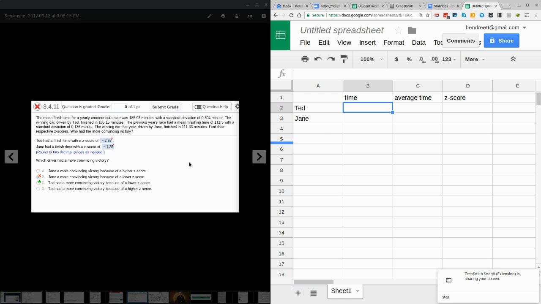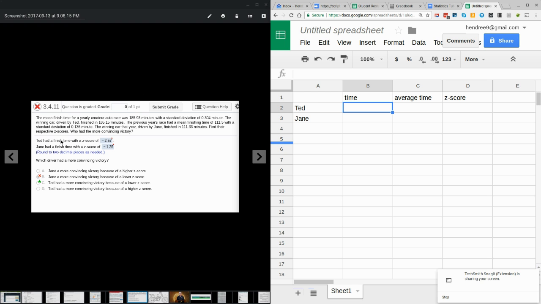So that's what they're doing in this question. Ted and Jane are in a yearly amateur auto race. The average finishing time was 185.93 minutes with a standard deviation of 0.304 minutes. The winning car was driven by Ted, who finished in 185.15 minutes.